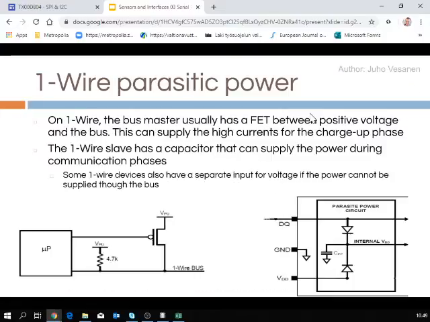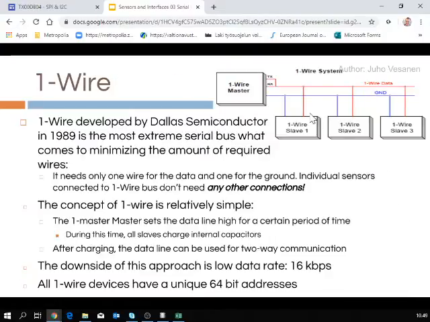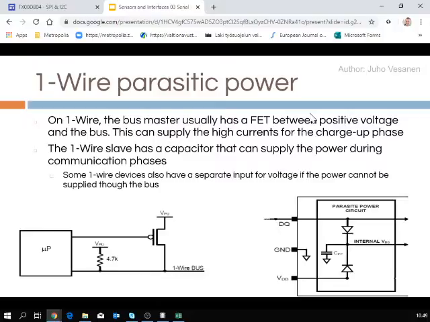There's the Dallas 1820 type one wire temperature sensors. They cost something like nothing, wiring is easy, and there are plenty of code examples available. So that's probably the easiest and cheapest way of measuring temperature.